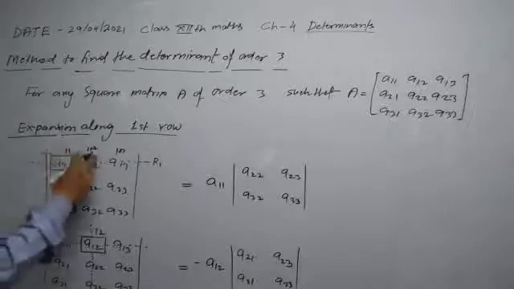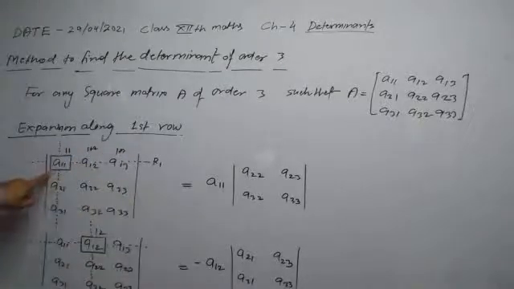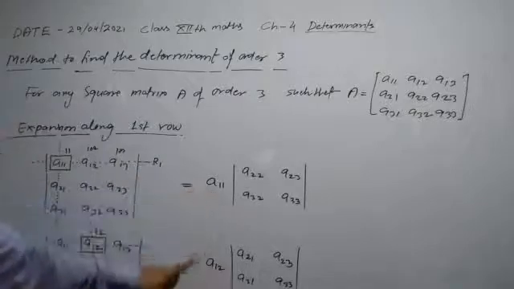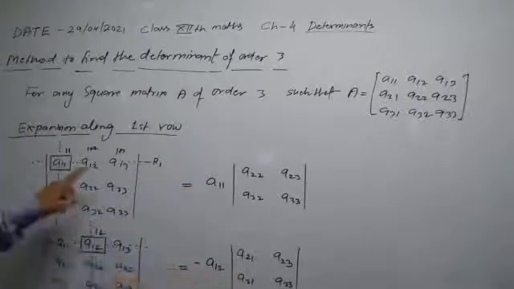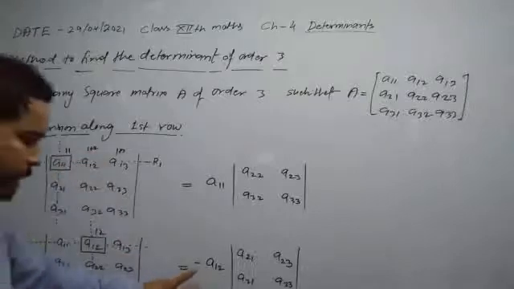This is even, this is odd, this is even. So for the first element, the position of A11 is even, so positive, and position of A12 is odd, 1 plus 2 is 3, so this will be negative.